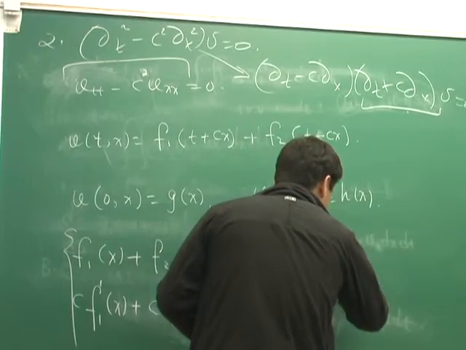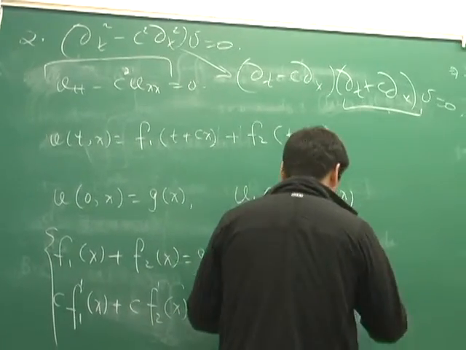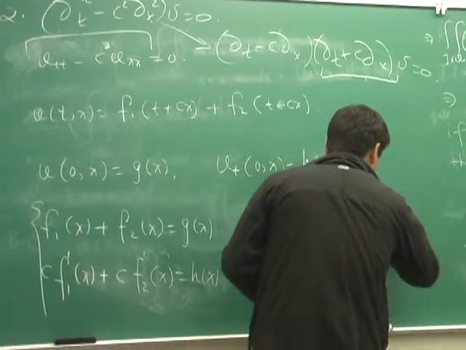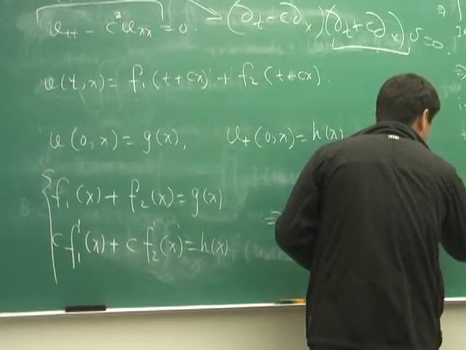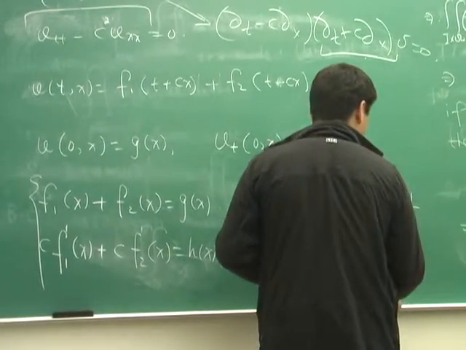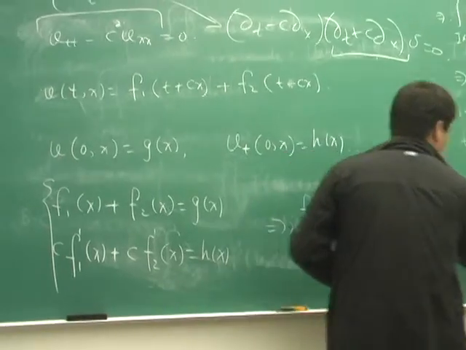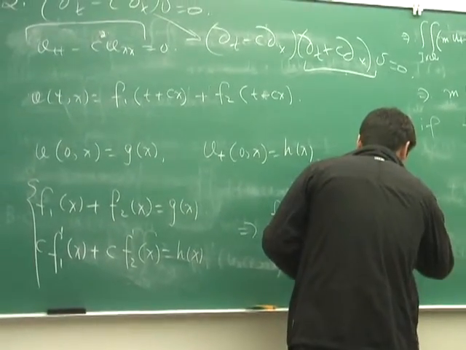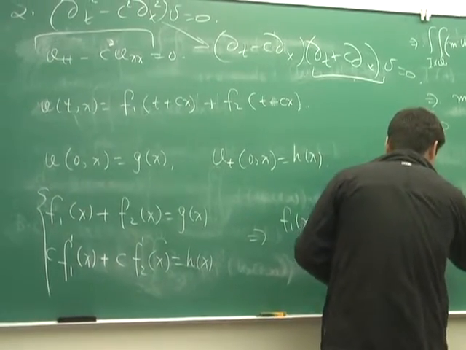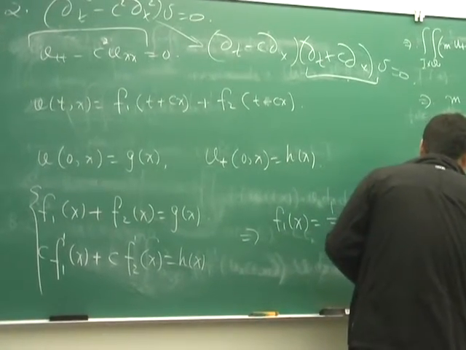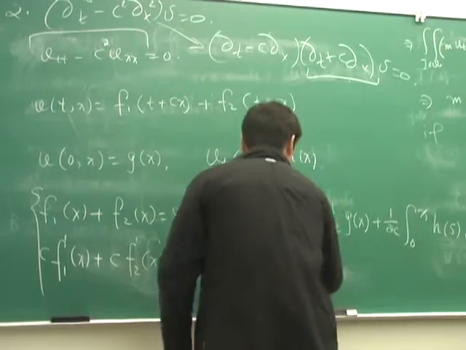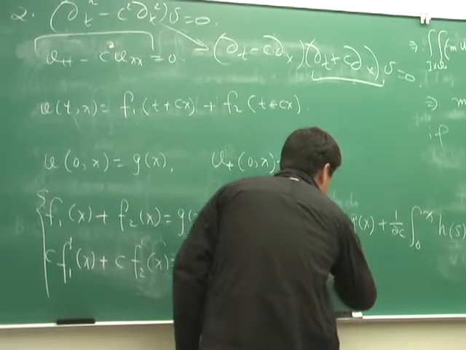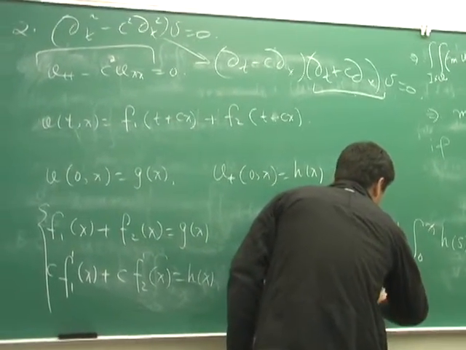He says F1(x) should be G(x) plus 1 over 2c integral from 0 to x, which is the first part.